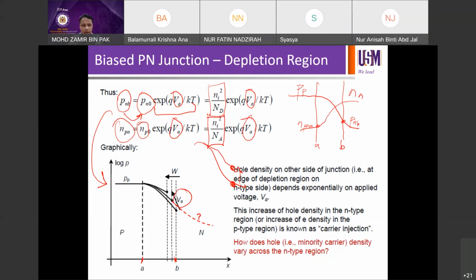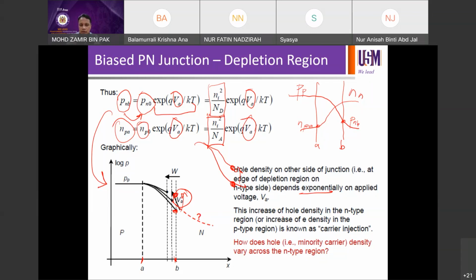Then you should expect at thermal equilibrium condition, it could be here, for example, the level of carriers. And when you apply your forward biasing, you could probably find a higher level of minority carriers at the same point. Okay, due to the exponential component in the equation. Okay, so hole density on the other side of the junction, that is at the edge of the depletion region, depends exponentially on applied voltage VA, and the same happens to the electron as well.